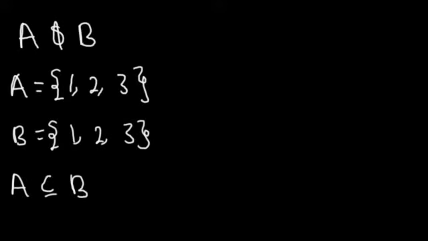This symbol that looks like a U sleeping on top of a slash line is known as a subset symbol.